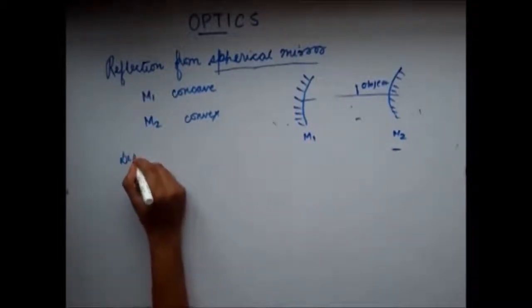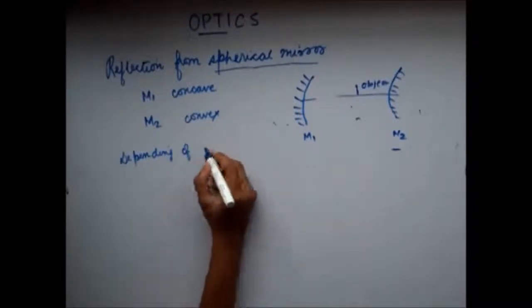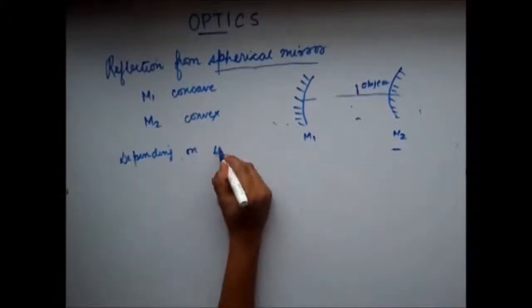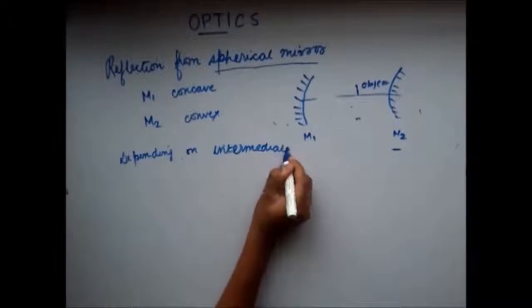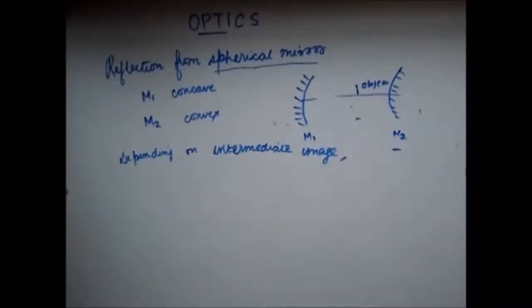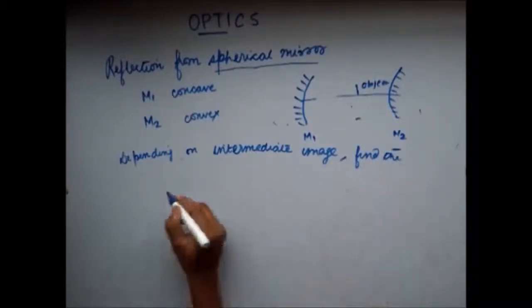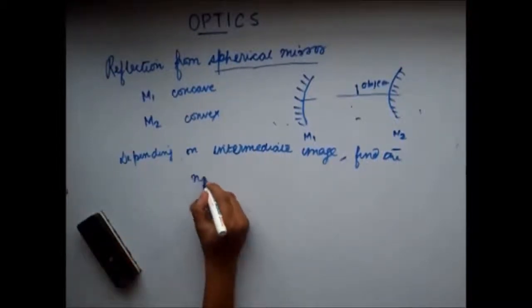Depending on the position of the intermediate image, find the nature of the final image.